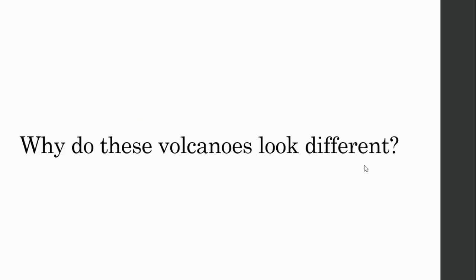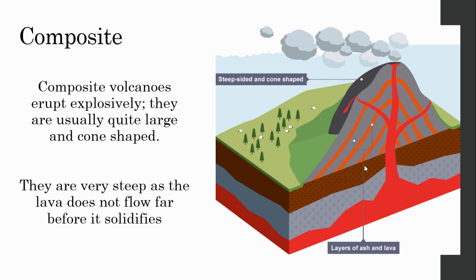So why do these volcanoes look different? So let's have a look at our friend the composite volcano first of all. So show me your action. Excellent, well done. So a composite volcano erupts explosively. So it's a big eruption. They are usually quite large and cone shaped, and they are very steep as the lava does not flow far before it solidifies.